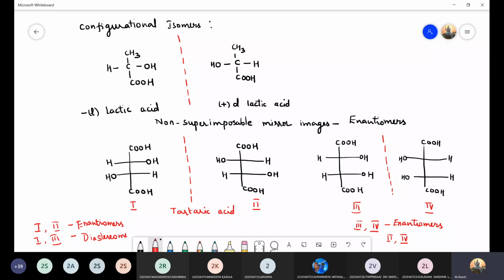So these are another type of configuration isomers. So diastereomers are what? Non-superimposable and non-mirror images. This you have to remember, girls.